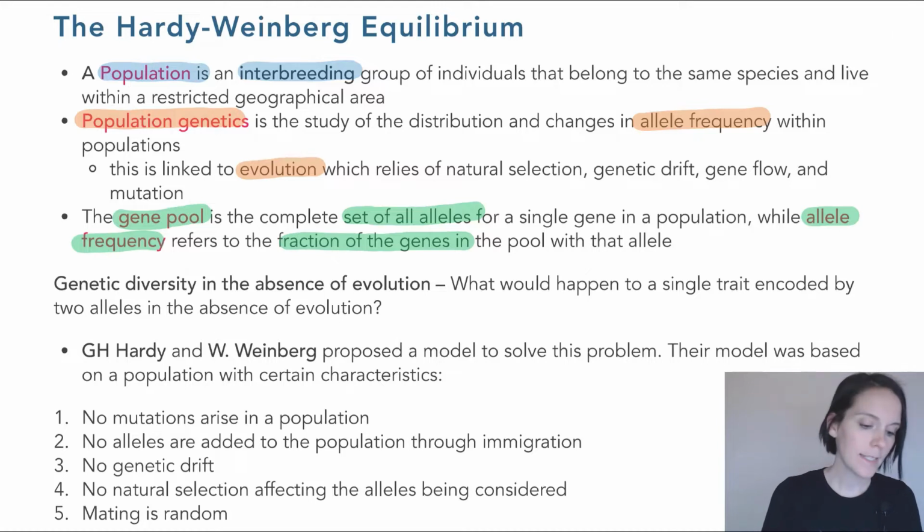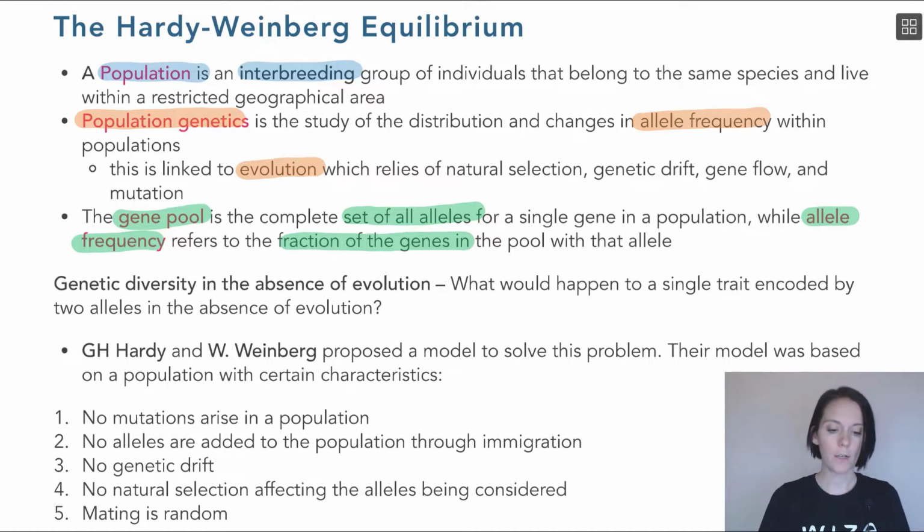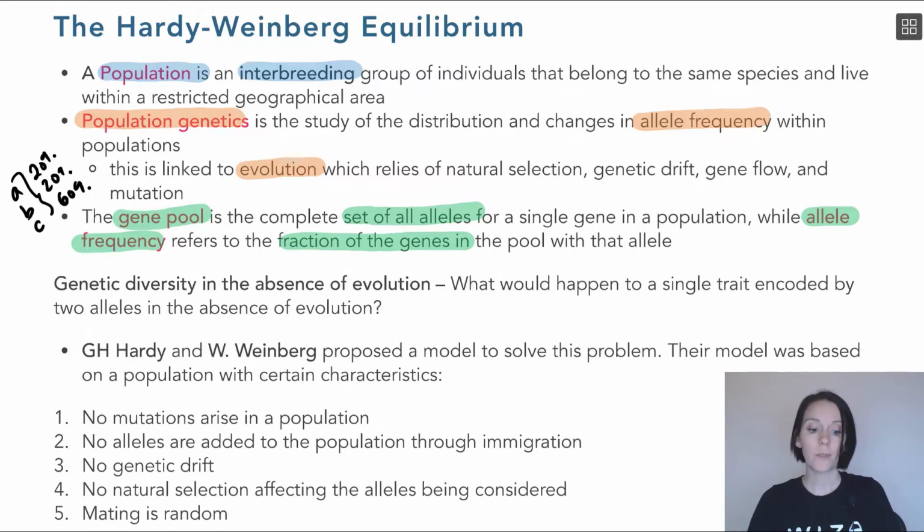Okay, so let's say for a particular gene we have 3 different alleles, allele A, B, and C. That represents our gene pool for that particular gene. And if we wanted to look at the allele frequency, maybe we've got 20% of the population has got the A allele, 20% has got the B allele, and maybe 60% has got the C allele. So that would be the allele frequency.